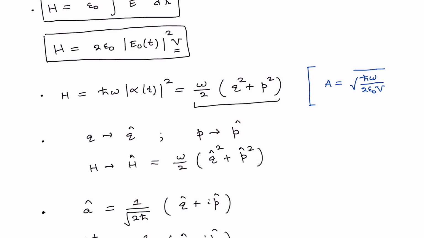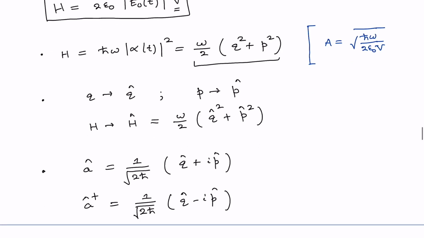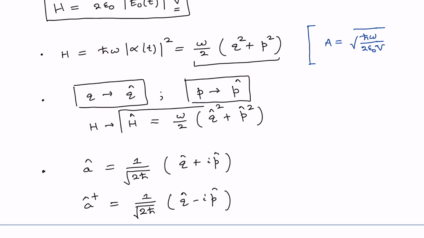We also established that q and p are canonically conjugate variables, and therefore we can apply the quantization procedure. We take q as the operator q cap and p as the operator p cap in the quantum regime, and we write the Hamiltonian in terms of the operators in this particular form.